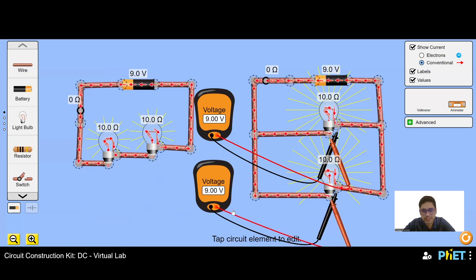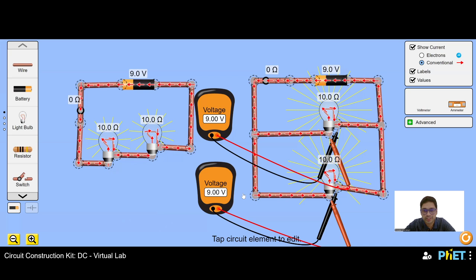Now, there you go. In a parallel circuit, the voltage is equally given. Even here it is distributed, but here it's not distributed. Total voltage is given to all the components which are connected in parallel. You can see that is the reason these are definitely glowing brighter, with more intensity, when compared to the series circuit, wherein light bulbs are connected in series.